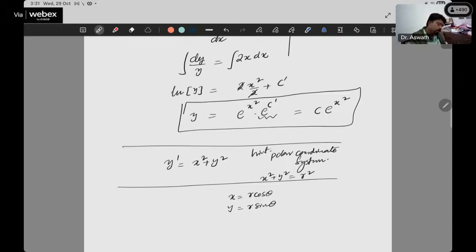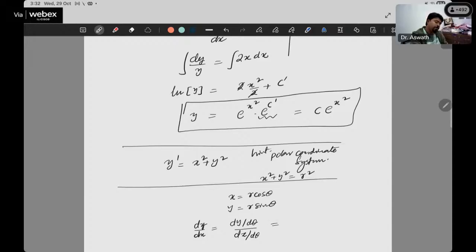And dy by dx is the derivative with respect to x. So instead of taking a derivative with respect to x, you take a derivative of y with respect to theta, and x with respect to theta.